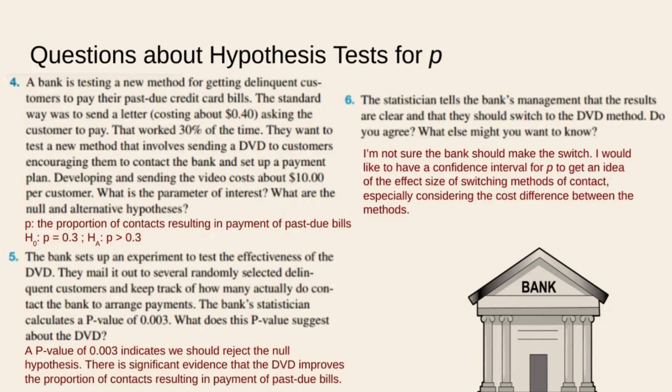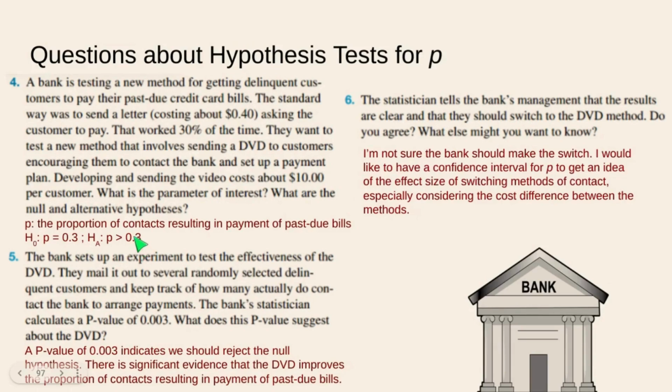What is effect size? It is the distance, so it's a positive number, between the true proportion and the assumed population proportion. The assumed population proportion at the start of the problem was 0.3.